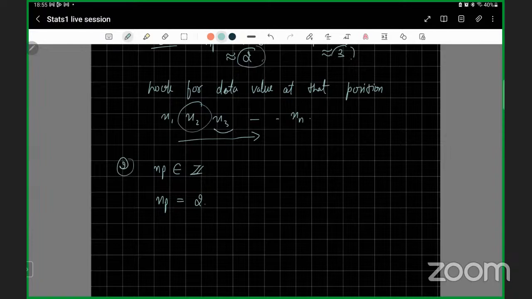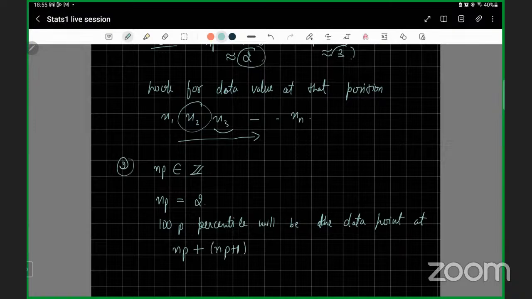Then to find the 100p percentile, you take the data point at NP and the data point at NP plus 1. Sorry, you have to divide by 2 also. You have to take the average of these two.